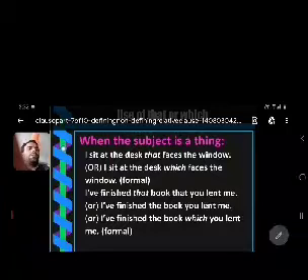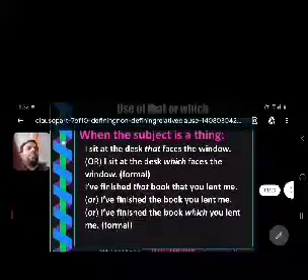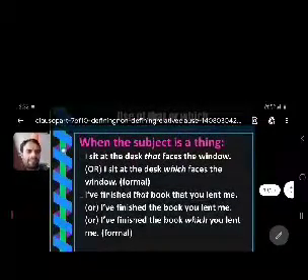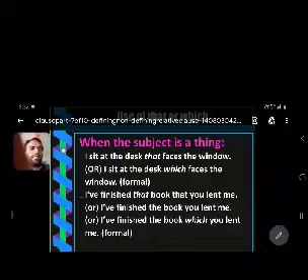Here we have used that and which. Both can be used because it is a thing. We are referring to the desk. So desk is a thing. That's why we have used that and which.